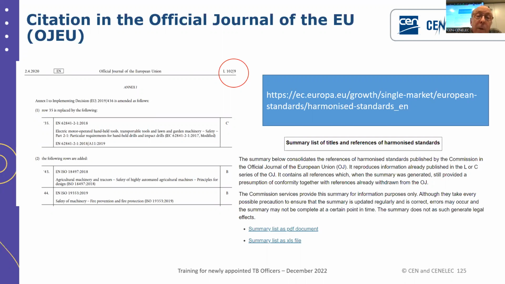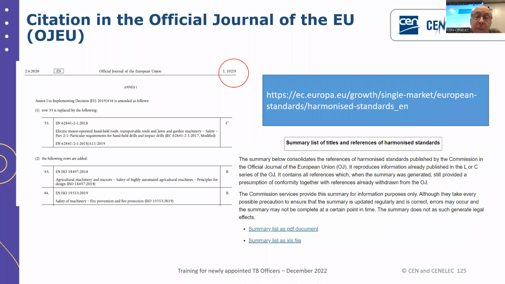And what will be this act? This act will contain a list of the standards approved by the Commission to be referred in the OJE, and also it may happen, of course, that the Commission withdraws older standards. But of course, it will not be the full list.